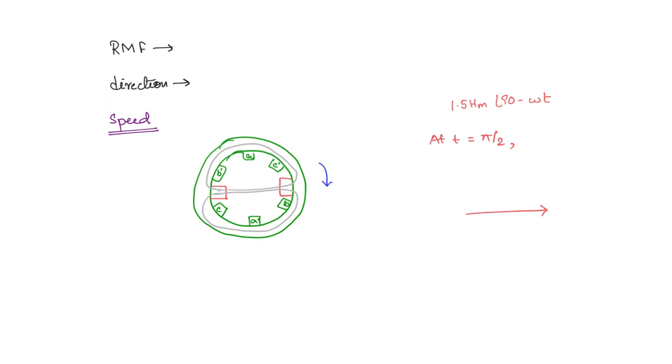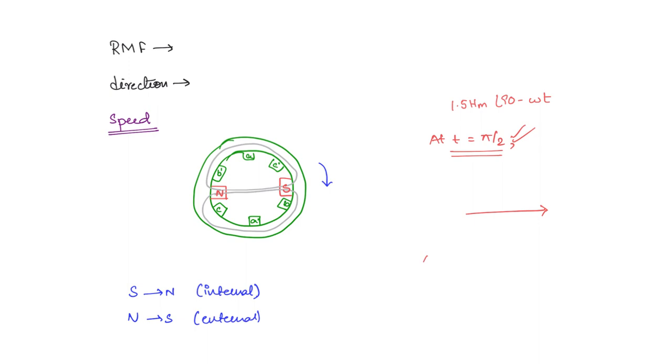And now we know that for a magnet, the direction of magnetic field is from south to north in the internal magnetic line, and it is from north to south external to the magnet, okay. So here at t is equal to pi by 2, the magnetic field direction is from this point to this point. So this is the external path, okay. So at external it is from north to south. So we have here north and south pole at this point of time.